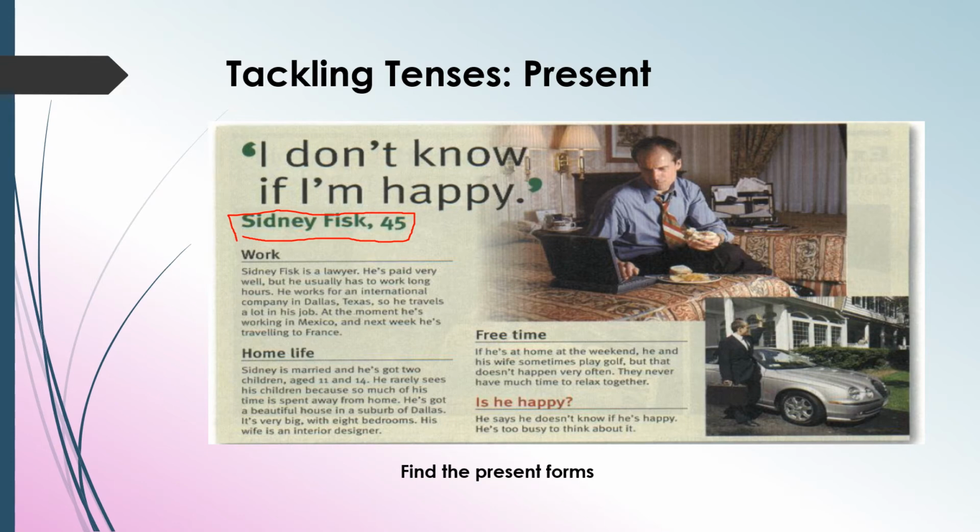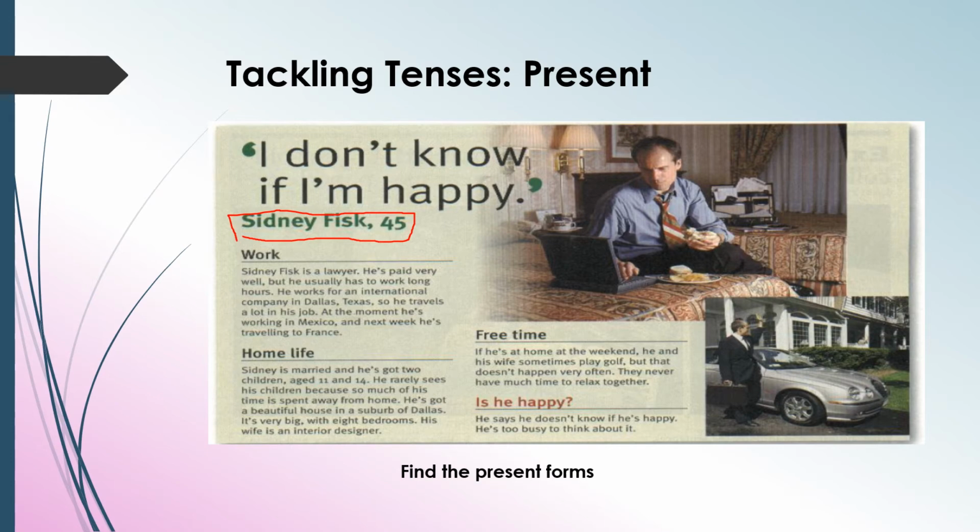Okay, so here is a task for you. Find the present forms. Just underline the present forms, or you can just make a list in your copies or anything. You can do that. Find the present forms. And try to find the context of where it has been used.